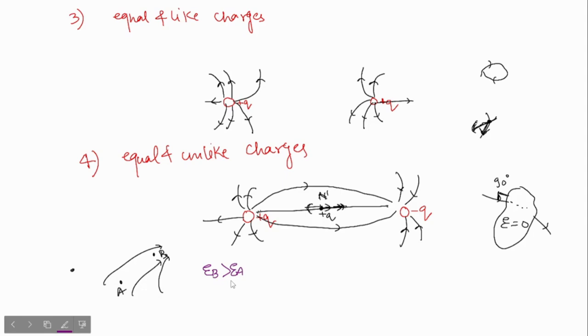Where the electric field lines are closer to each other, the electric field intensity will be more. So these were some basic points about electric field lines.